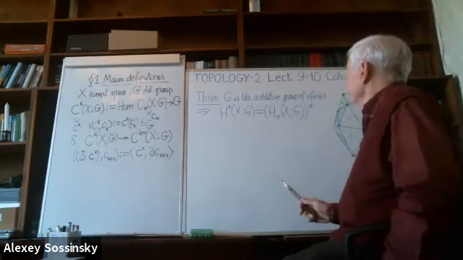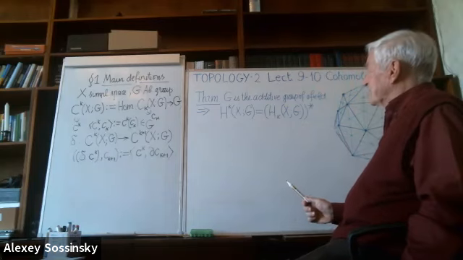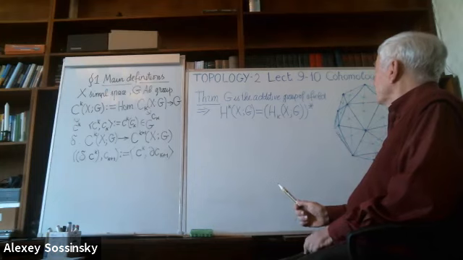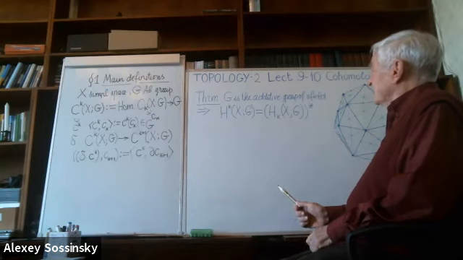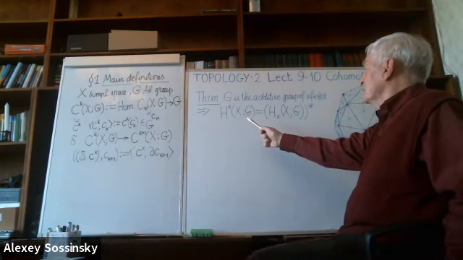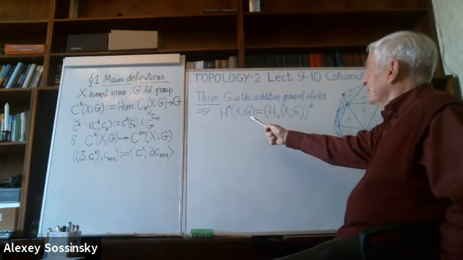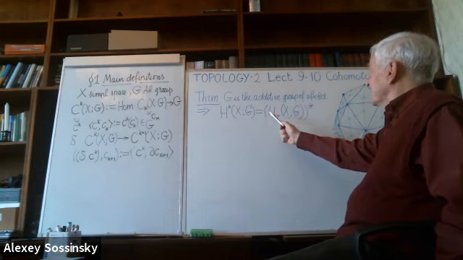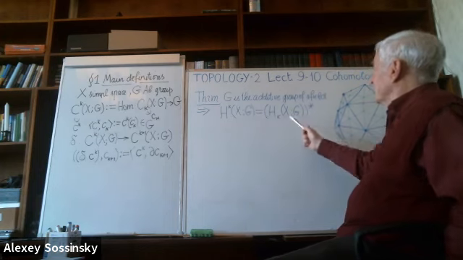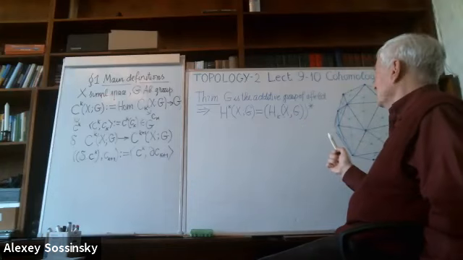And as such, the very definition of cohomology group says that what we obtain is the dual to the homology group.